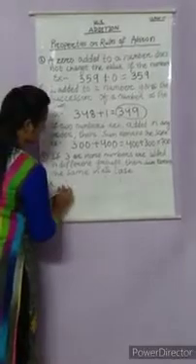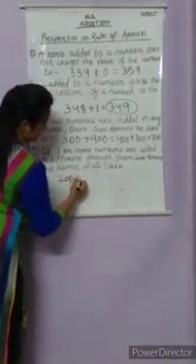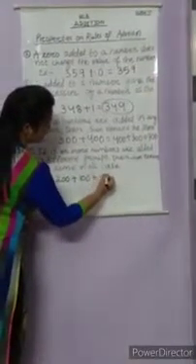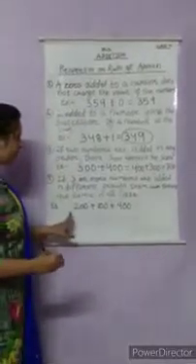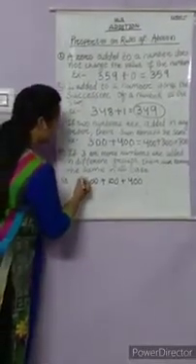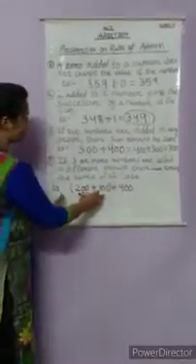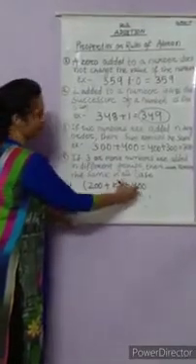Suppose I took 3 numbers 200 plus 100 plus 400. So the first grouping I will take it as 200 plus 100 I will add first, then whatever number I will get, I will then add 400 with it.